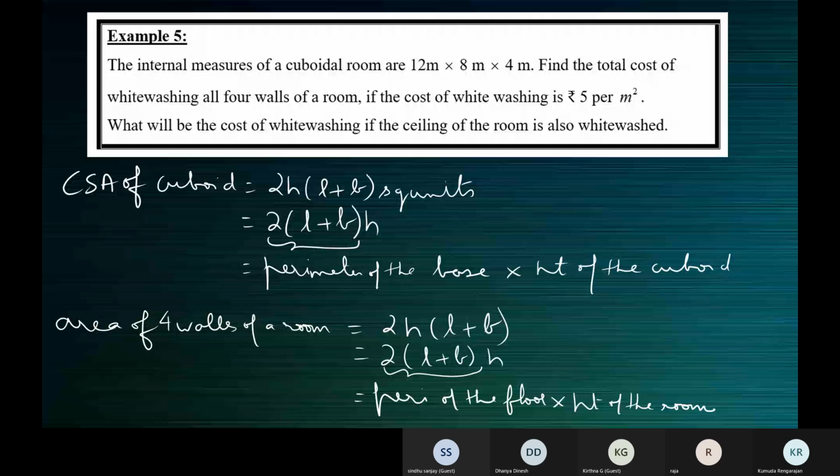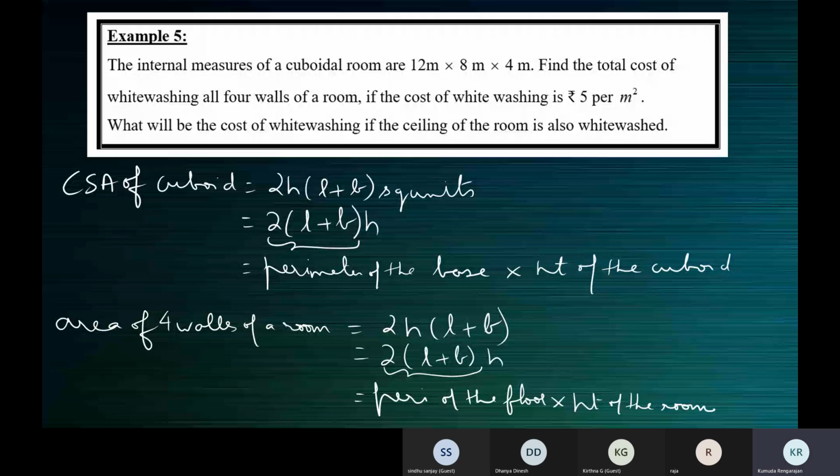Ma'am, what is the meaning of CSA, ma'am? This is perimeter. Ma'am, like what is the meaning of CSA?